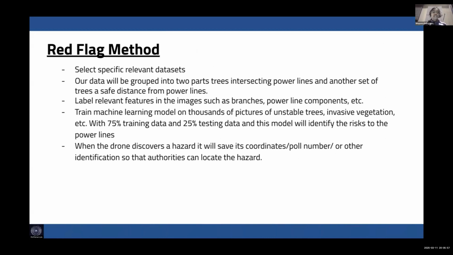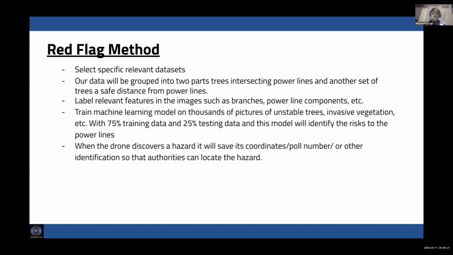In both of these sets, we will be labeling relevant features in the images, such as branches, power line components, and encroaching vegetation. We're going to train this machine learning model on thousands of pictures of unstable trees, invasive vegetation, etc. We'll have 70% training data and 25% testing data, and this model will identify the risks to the power lines.